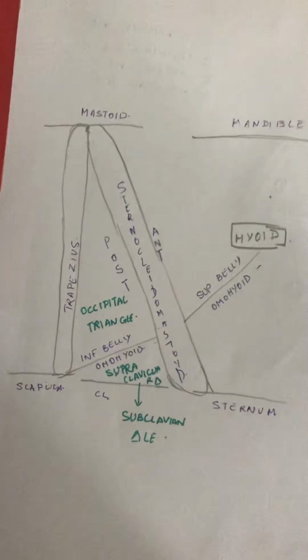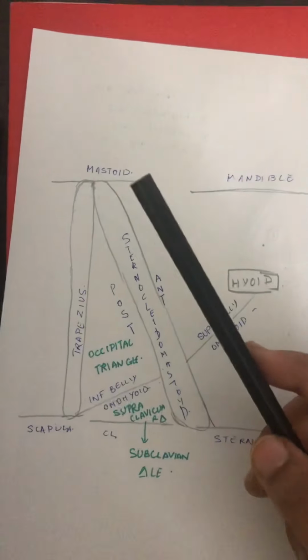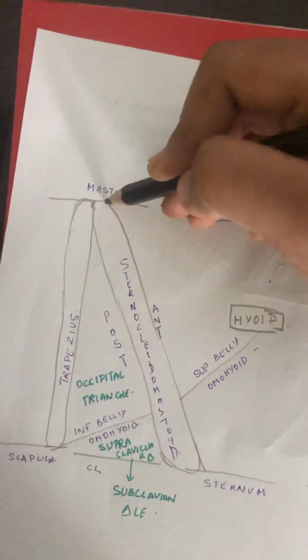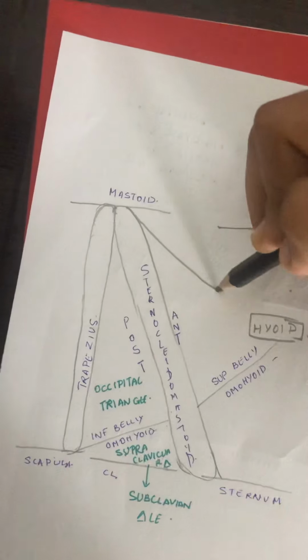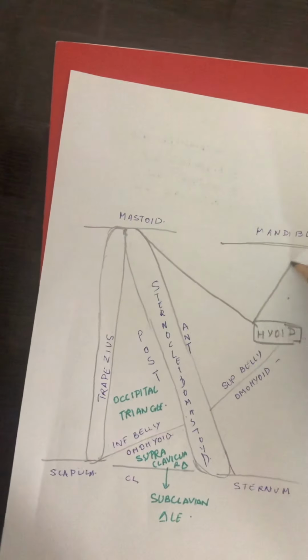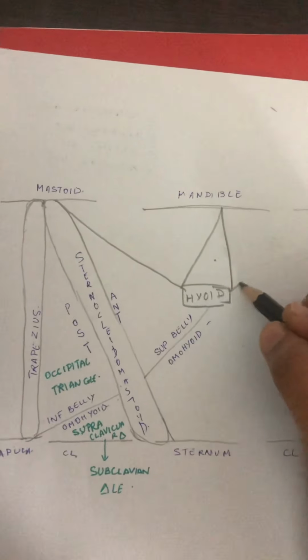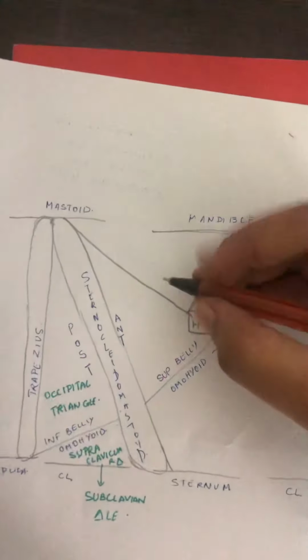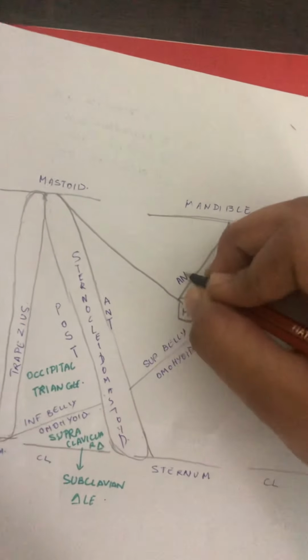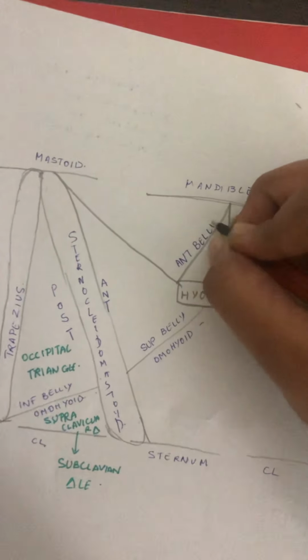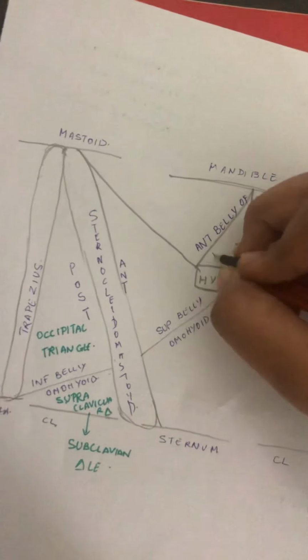And next, coming to the anterior triangle. So from mastoid to the hyoid, and again to the mandible, this is the other part. Okay, this is called as anterior belly of digastric muscle.